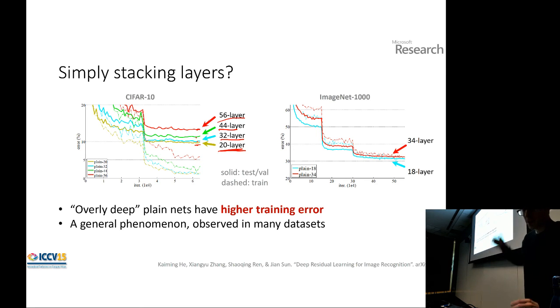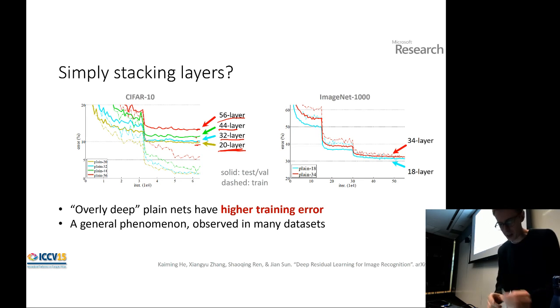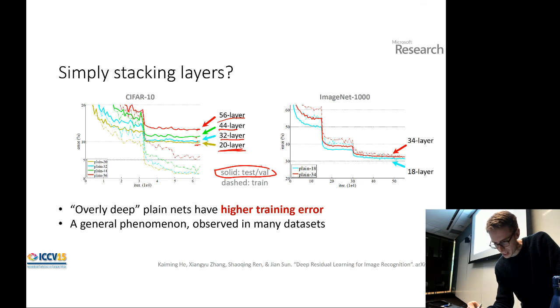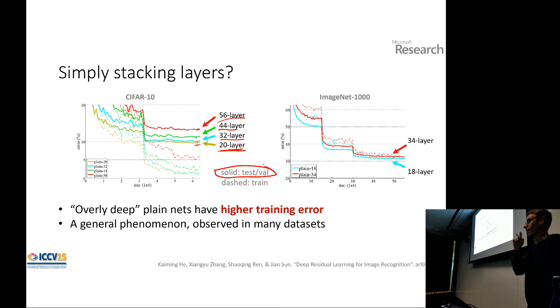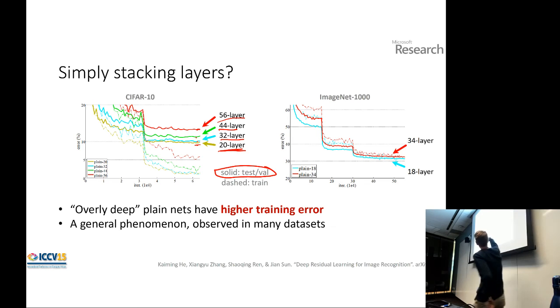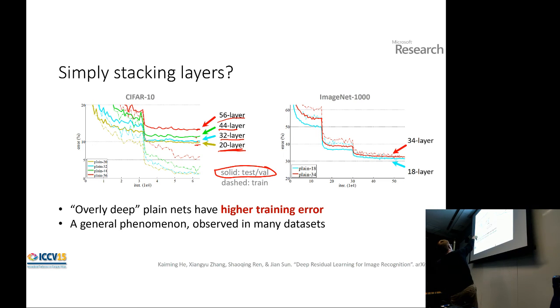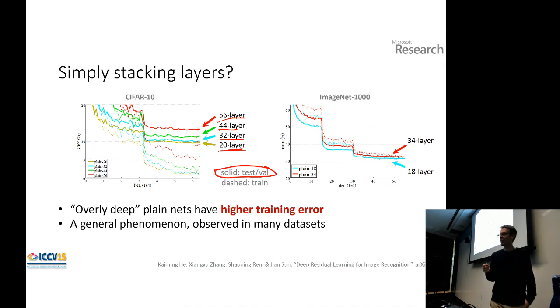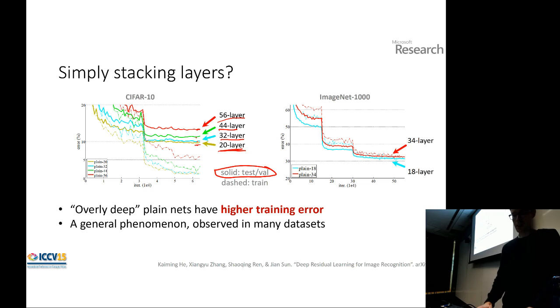So the 56-layer net is actually doing a lot worse than the 20-layer net. Okay. And sorry, here what I'm showing you is the actual test or validation performance. The dashed lines shown at the bottom are the train performance, and that's actually also pretty bad. So it's not even like the training performance of the deep net is doing better.